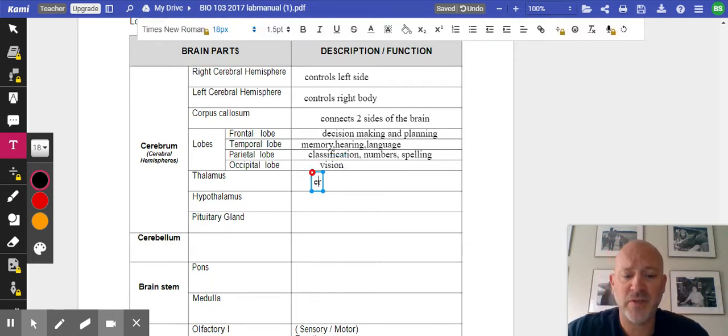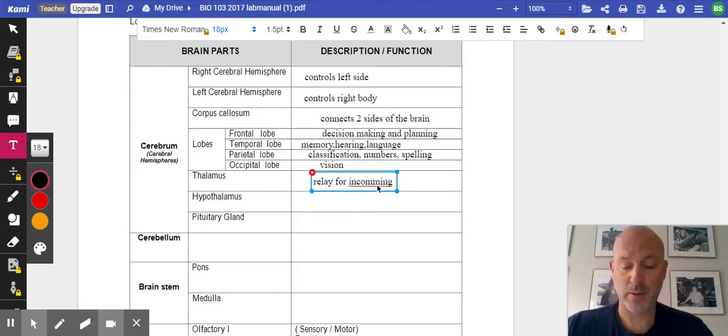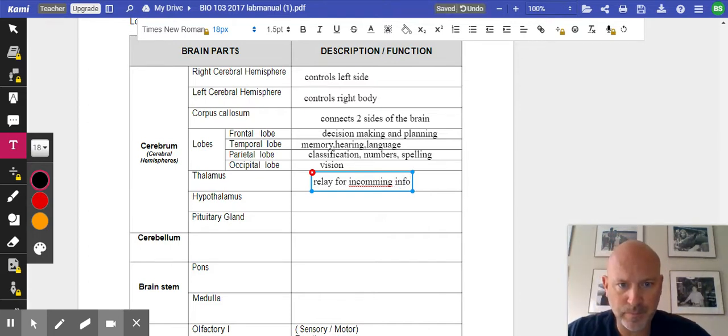The thalamus is a relay station. Information. The hypothalamus is the site of homeostasis.